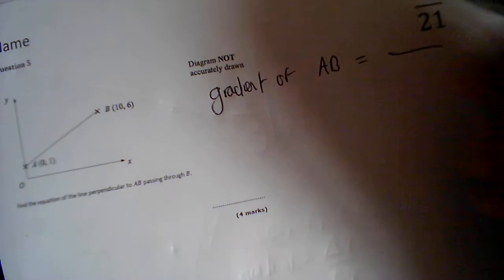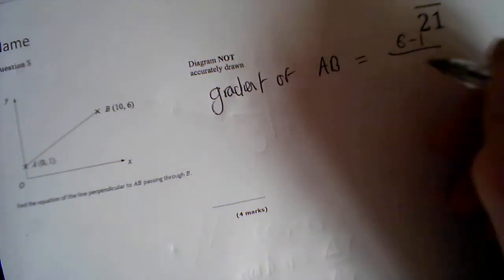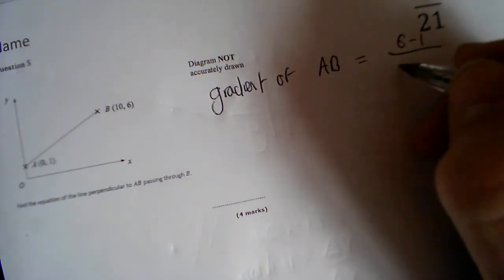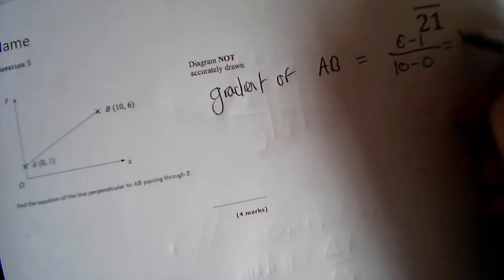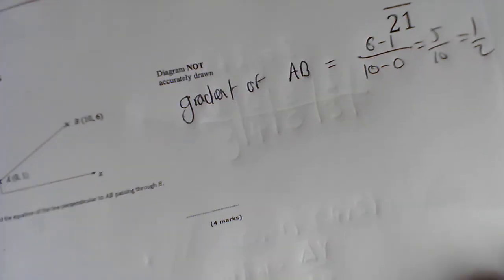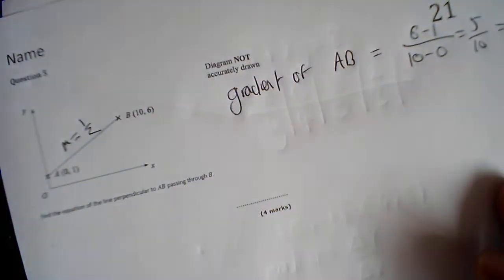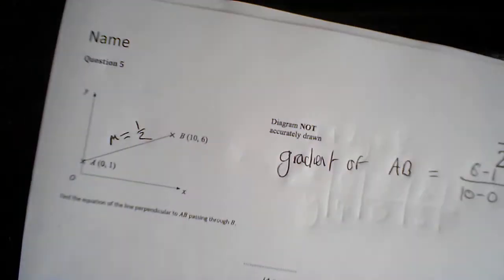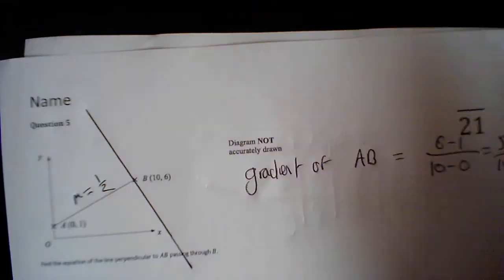So 6 minus 1 over 10 minus 0. That's 5 over 10, which is a half. So it's a gradient of a half. I'm interested in the perpendicular line that passes through B. I'm just going to draw it so you've got a bit of indication of what I'm going for. There you go.